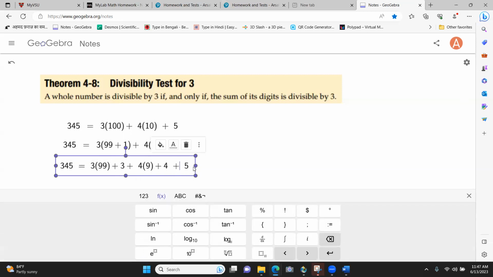Now, on the right-hand side, cluster the digits together: 3 times 99 plus 4 times 9 plus 3 plus 4 plus 5.